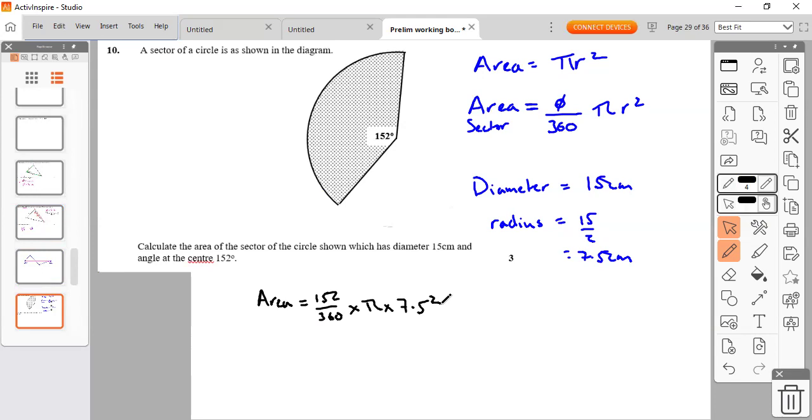So the area you're getting is 74.61, and that's in centimeters squared.